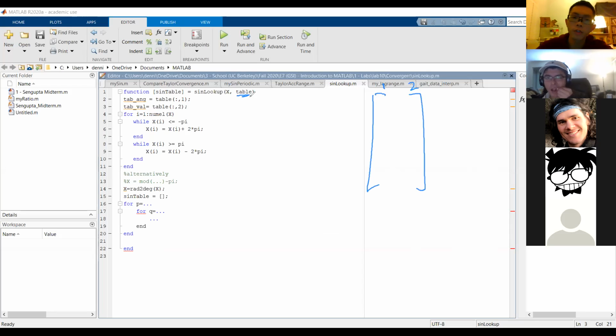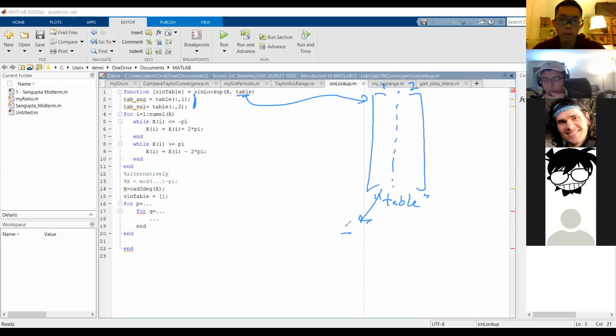What's going to come out of this is our table. We'll shelve X for now, but this first part is just slicing this table in half: tab ang, table angles, and this one's going to be table values, abbreviated of course.